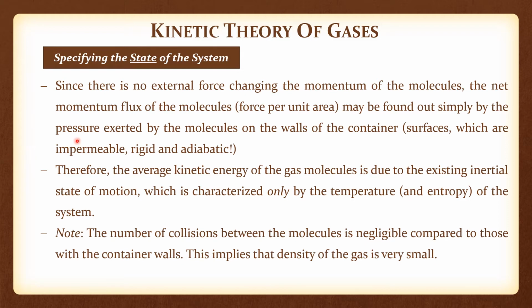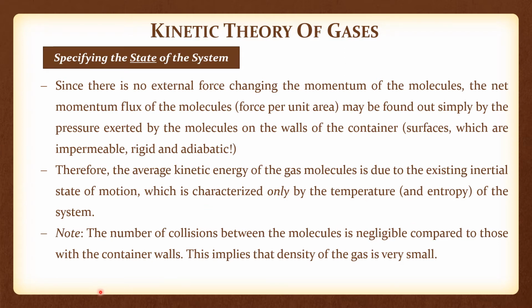Suppose my laser pointer is a gas molecule. It goes and collides with the surface here, and it's an elastic collision, so it bounces right back. Then it goes all the way back here for a collision again. In this intermediate path, there is hardly any collision with another molecule. That number is very, very negligible.